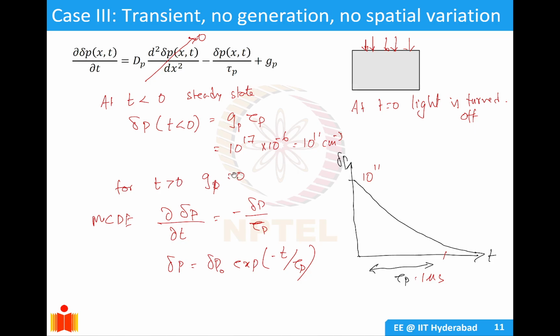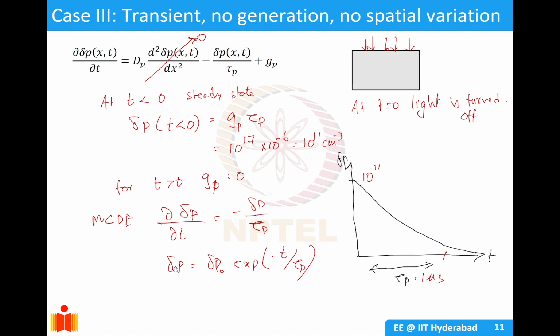For t greater than 0, Gp is 0 because the light is turned off, and there is no spatial variation, so there is no diffusion. So this term is also 0. For t greater than 0, you have only two terms. So it becomes del delta p by del t equals minus delta p by tau p.